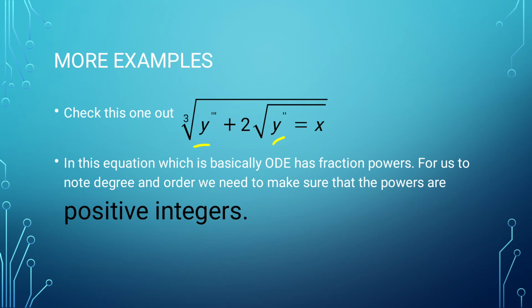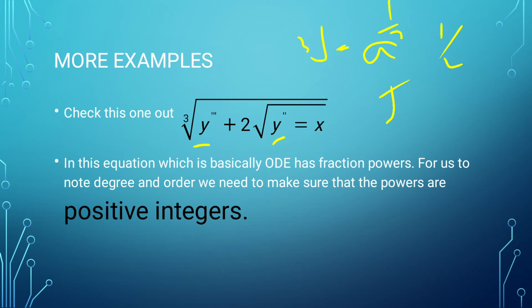So this equation is basically an ODE with fractional powers, because if you get the square root or cube root, it is something to a fractional power. Square root is a power of a half, which is also a fraction.